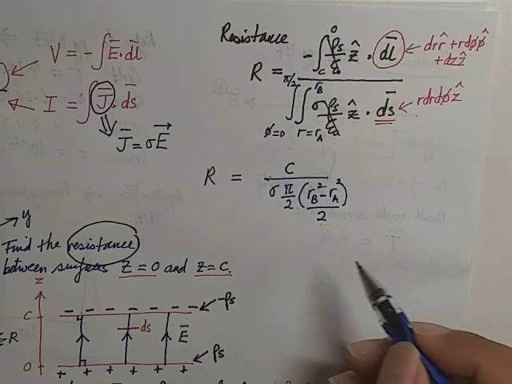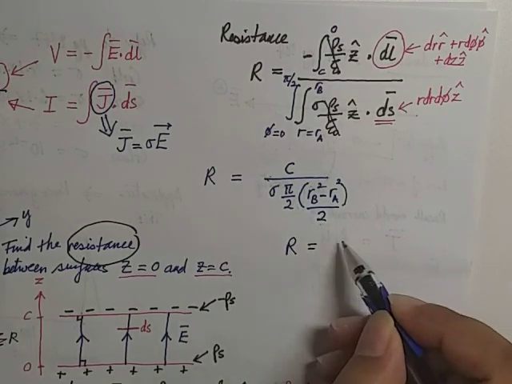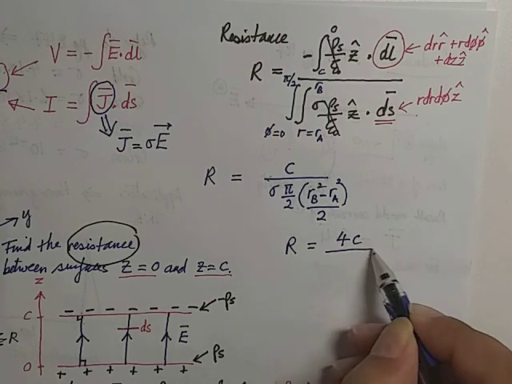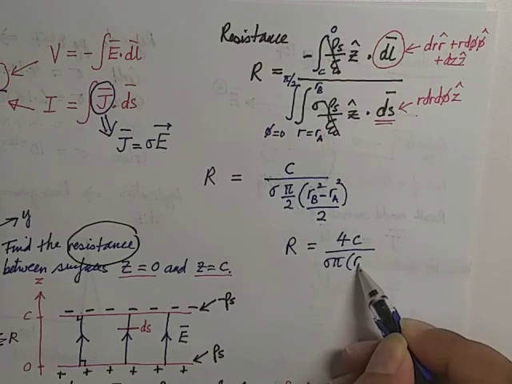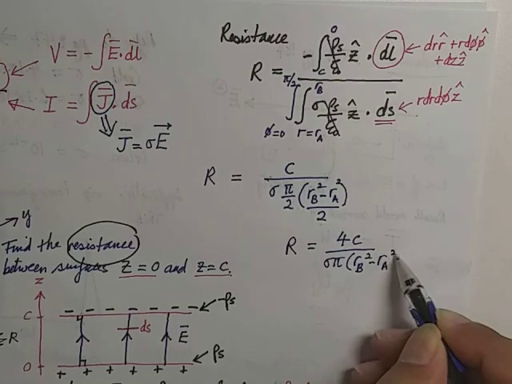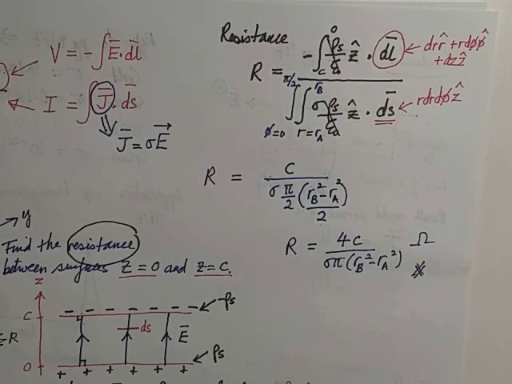So the final solution of this problem, R should be equal to 4c over sigma pi (RB squared minus RA squared) ohms. Okay, that's how you calculate the resistance using the field theory approach.